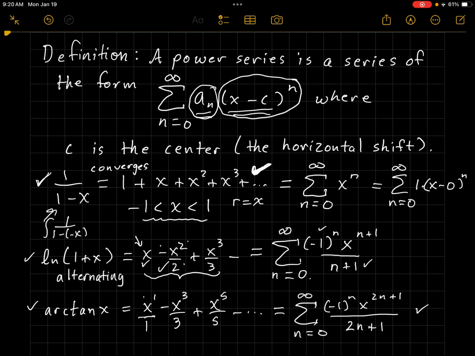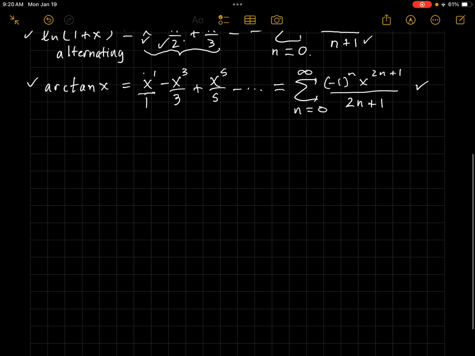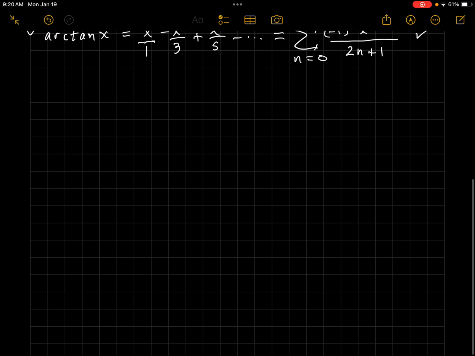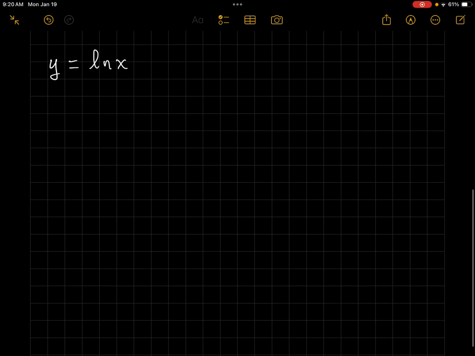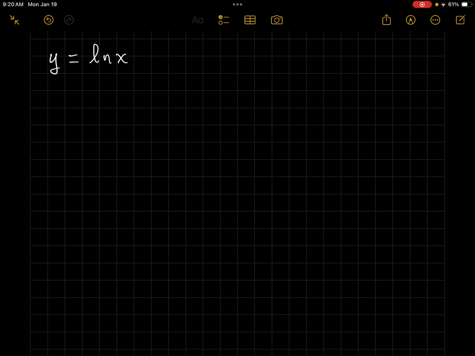Now let's start manipulating the power series. What if I want to find a power series for the natural log of x? How could we do this?